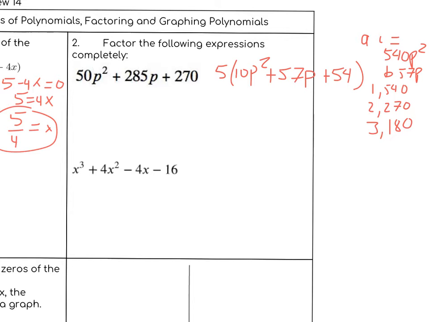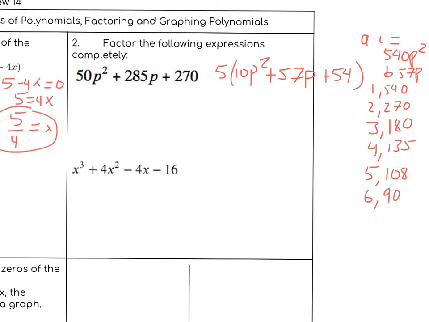Nope. 4 is going to be 270 divided by 2. So that's going to be 135. 5 is going to be 108. 6 is going to work as well. 6 is going to be 90.